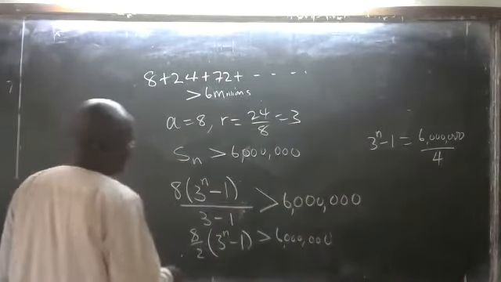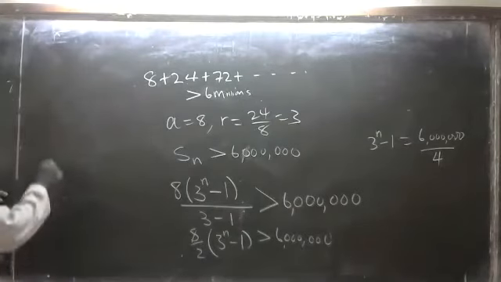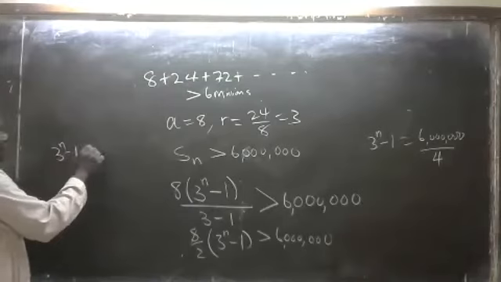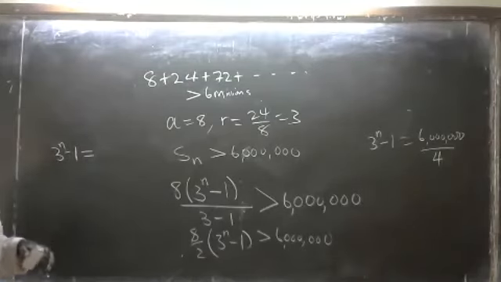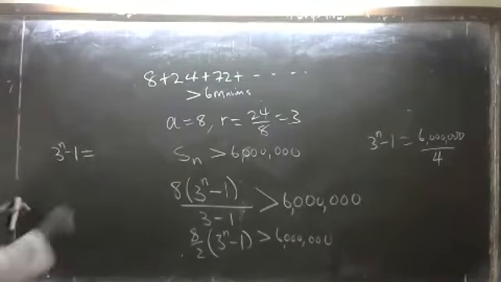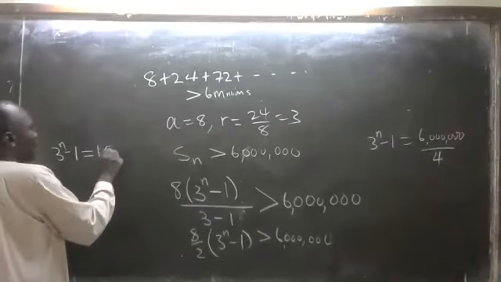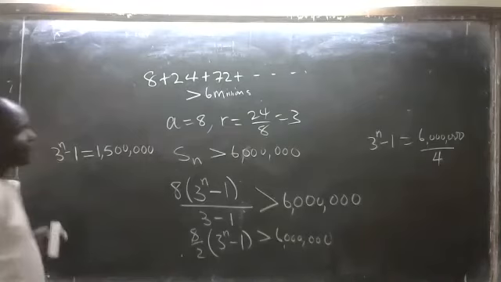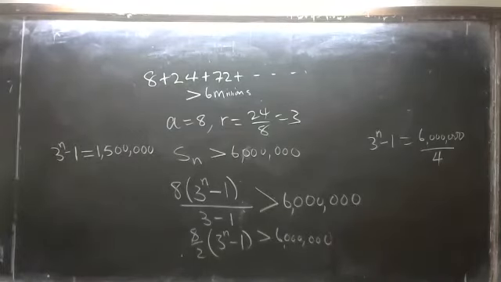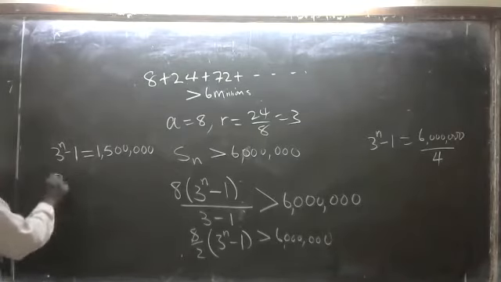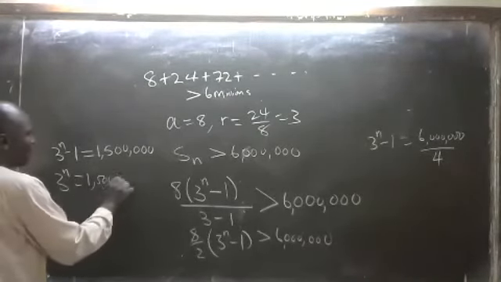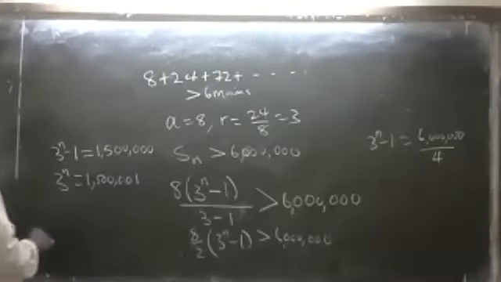So now from there, we shall have 3 power N minus 1 greater than 1,500,000. So 3 power N is greater than 1,500,001.